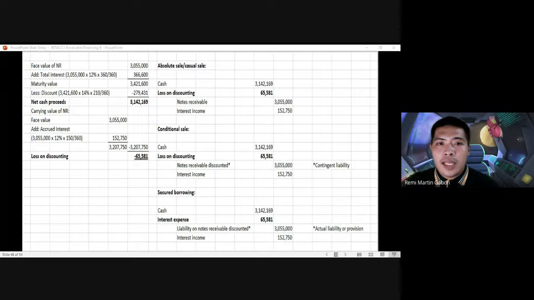Under conditional sale, 65,581. But under secured borrowing, 0. Reason, because the difference is not debited to a loss on discounting account, but to an interest expense. Okay? Interest expense. Kindly raise hand if nahabol ako hanggang dyan.